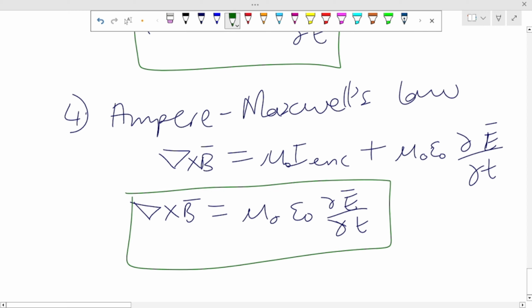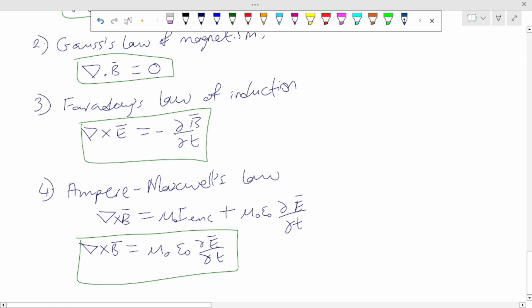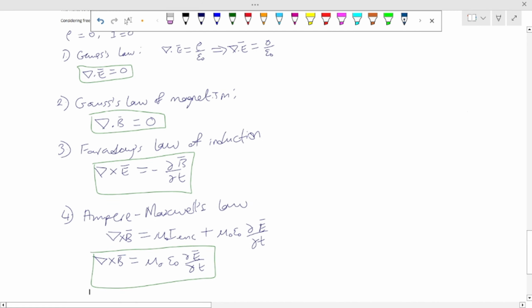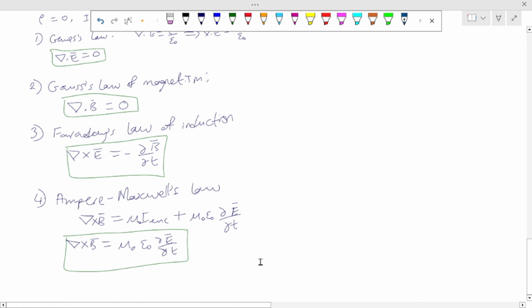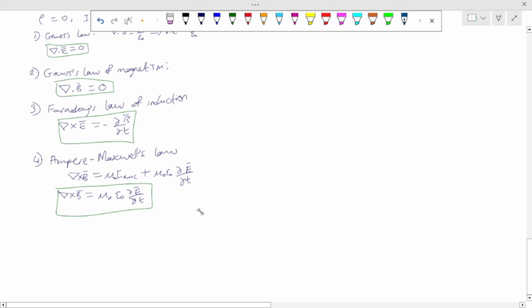So these are the laws we are going to make use of to derive the wave equation for free space. Are we together? Since we've gotten the laws, next is to derive the equations for free space, the one for the magnetic field and the one for the electric field.